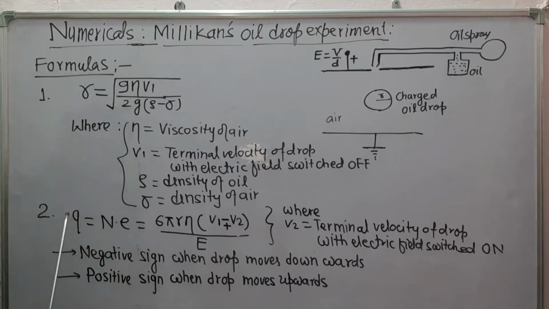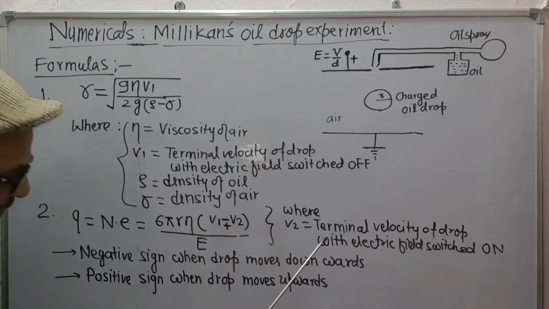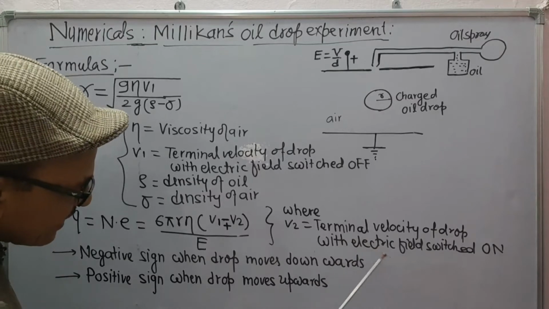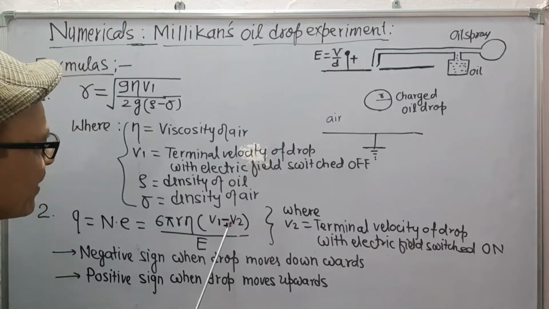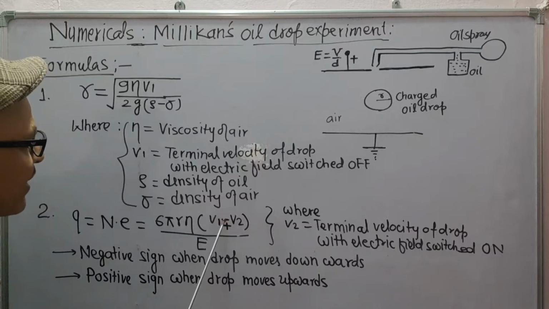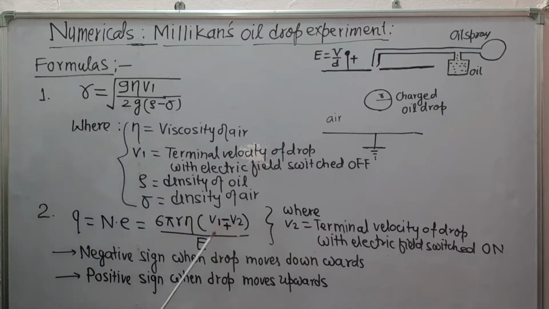Then the charge on the drop, q = ne, is equal to 6 pi R eta (V1 - V2) / E. Here V2 is the terminal velocity of the charged drop with the electric field switched on. Now here we have to take the minus sign if the drop is coming downwards, and we take the positive sign when the drop moves upward.